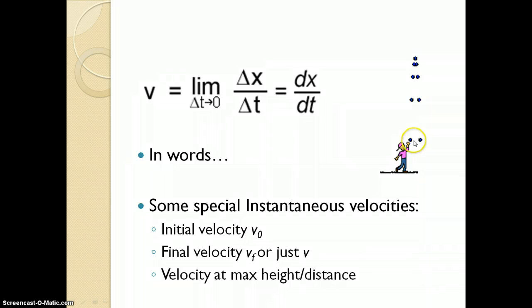Or we could say, for the second half of the ball's throw, v naught is up here, vf is down here. Or looking from this ball to this ball's time period, this position right here has got some initial velocity, this has got some final velocity. Initial and final are just defined based on the time period you're looking at. And in physics, it becomes really important to sometimes just look at small chunks of time in between certain motions.